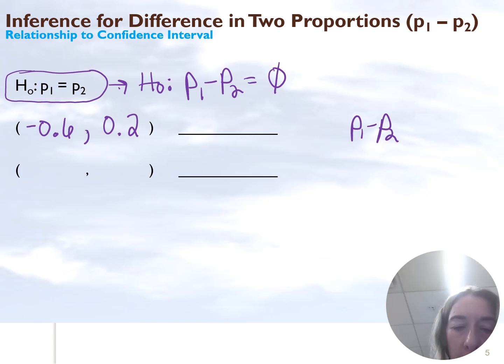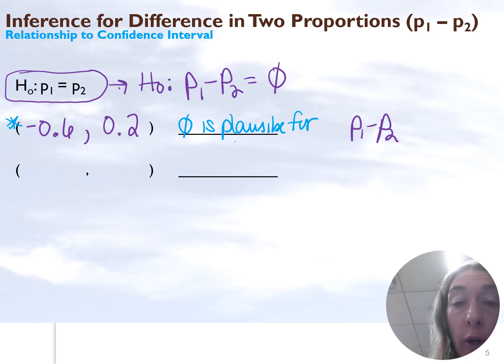In this particular confidence interval, starred in blue here, 0 is contained in that interval. So 0 is plausible for P1 minus P2. We would not reject 0 as a plausible value for P1 minus P2. So we would, in this case, fail to reject the null hypothesis.